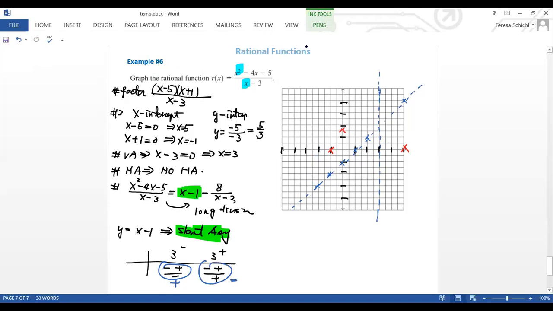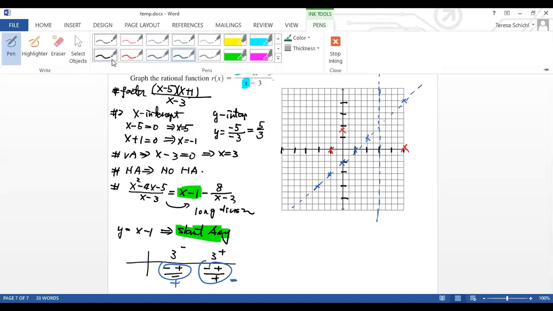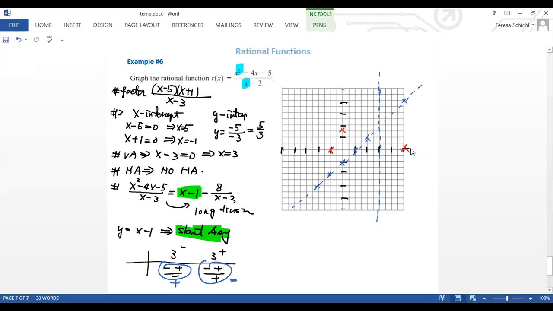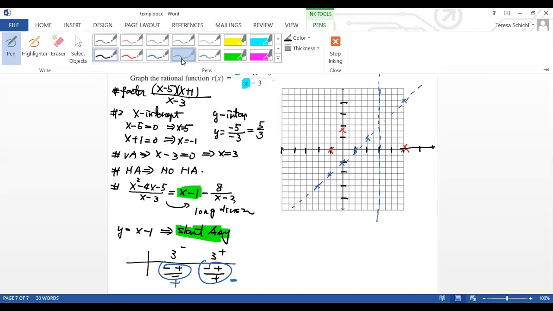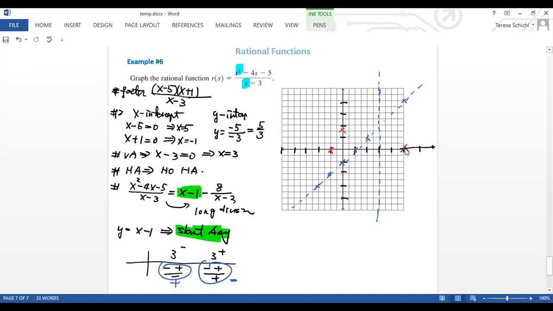And then my other end is going to follow my slant asymptote, and I'm also going to pass through my intercept, right? So let me extend this line a little bit. So now I know my graph is going to look like this. Because I'm going down here, this leg is going to go like that, approaching here.